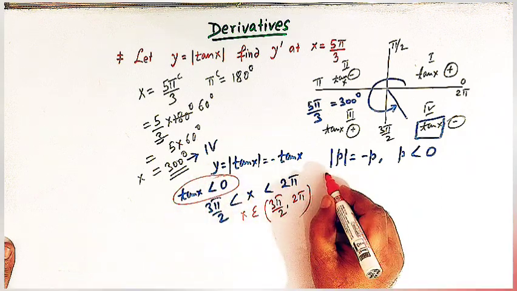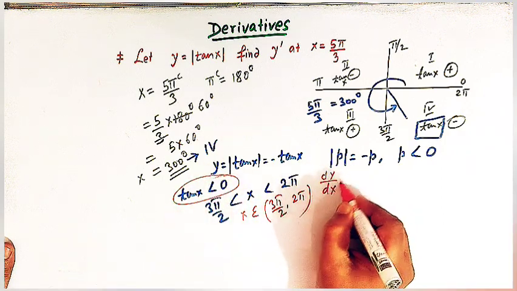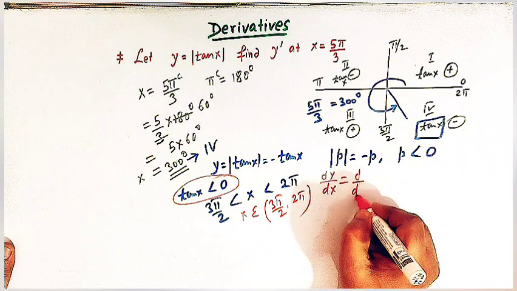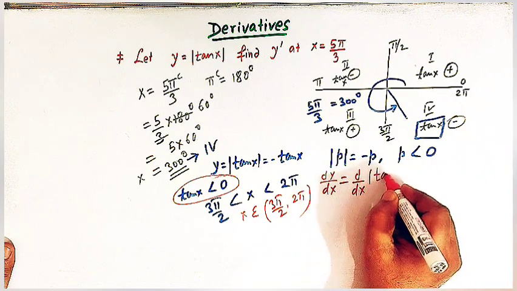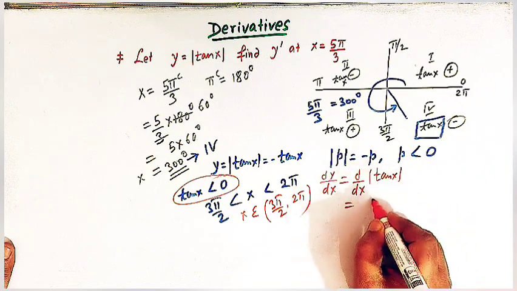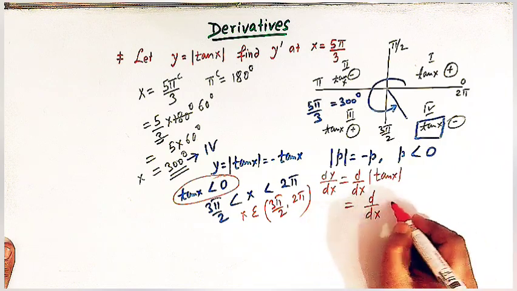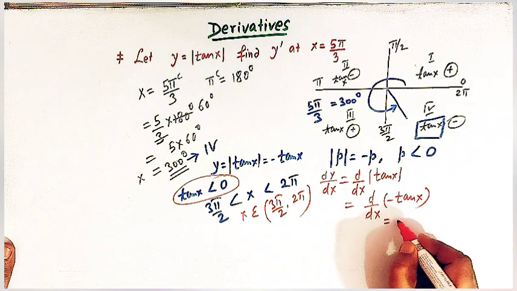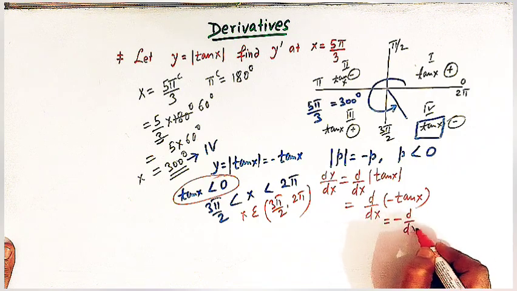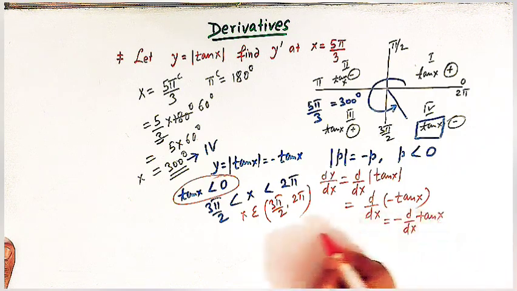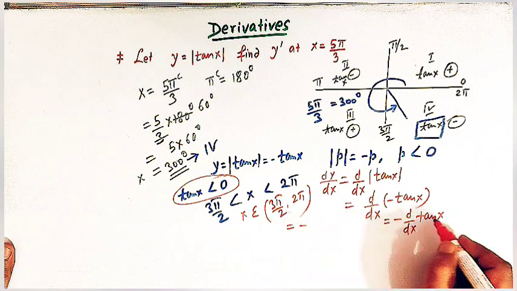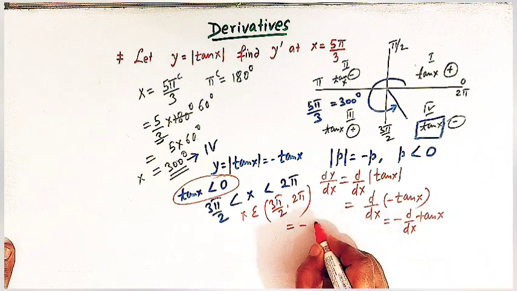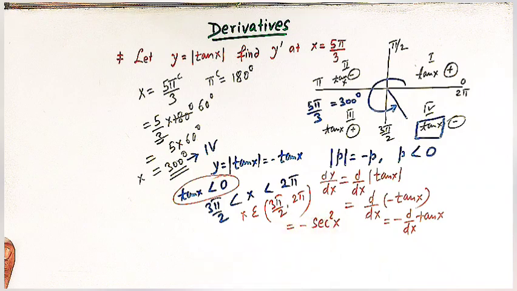So now let us differentiate y with respect to x. The derivative d by dx of mod of tan x is given by d by dx of negative of tan x. So here we have minus d by dx of tan x, and the derivative of tan x is secant square x, right?